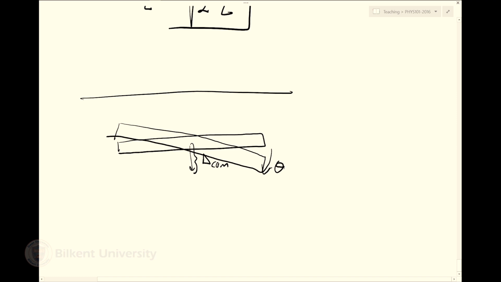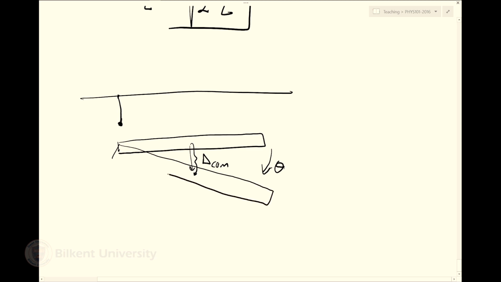Now, I know the following. I have rotated around the point. So the distance of the edge from the ceiling is delta COM, it went down by delta COM, but minus L over 2 times sine theta, right?